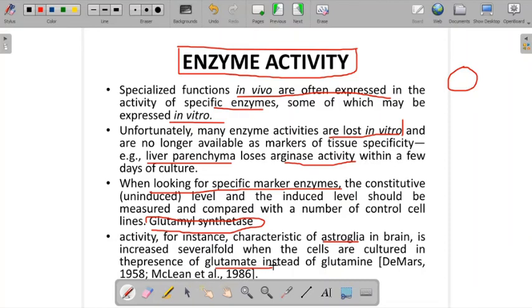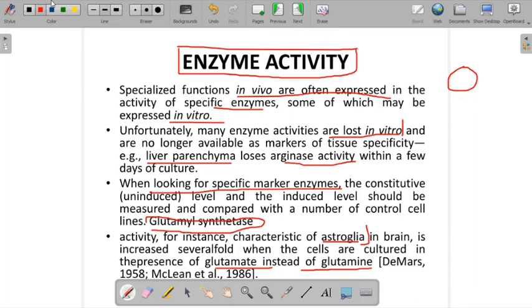What I want to say is that overexposure to a particular amino acid changes the characteristics of single cells, astroglial cells. That's why we can understand how we lose our memory, how we gain our memory, how we can enhance our memory.